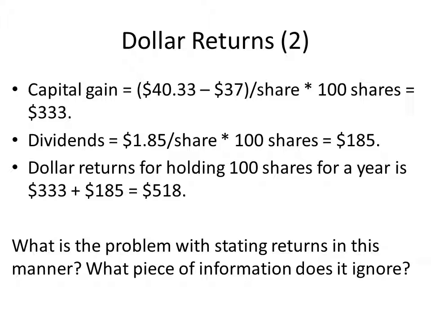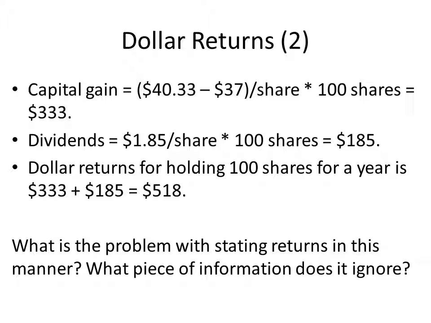If I told my friends then that I had invested $1,000 to make $518 in return, they'd be mightily impressed. On the other hand, if I told them that I'd had to invest $1 million to make $518, they would not be impressed at all, because they could have done better than that with an FDIC insured savings account. So that's the problem with dollar returns.